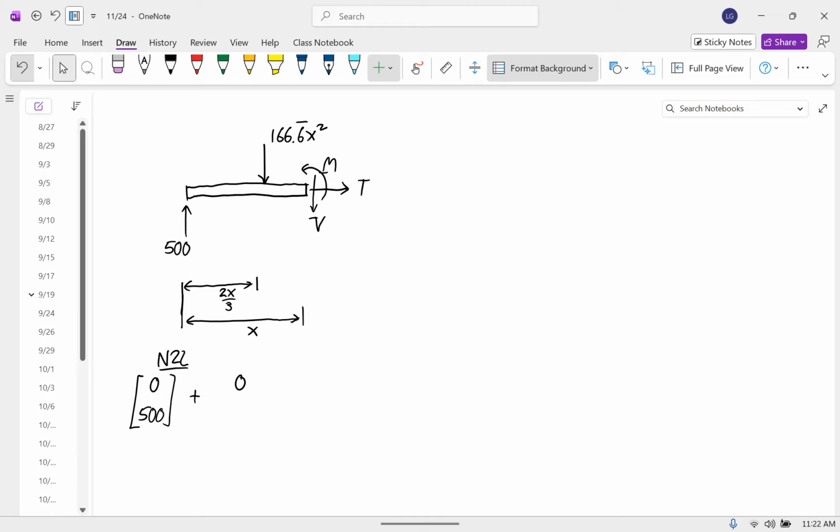Correct. Okay. So the second vector is 0, negative 166.6 repeating x squared. That negative is because it's down. And then you have plus, I'll lump these two together, t in the positive x direction, v in the negative y direction, is equal to zeros.